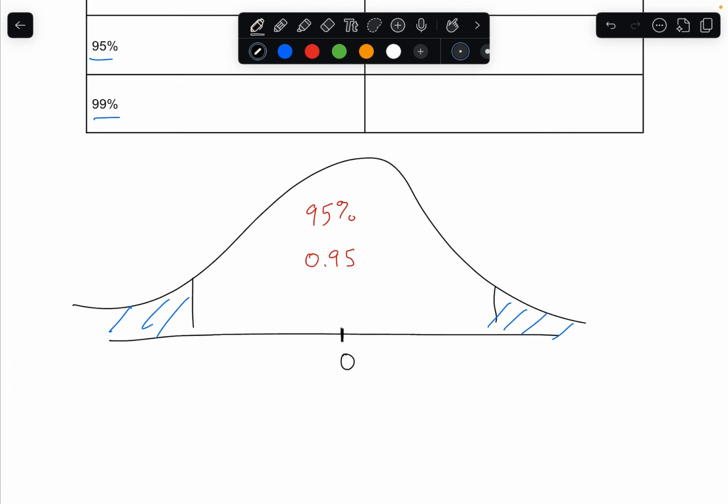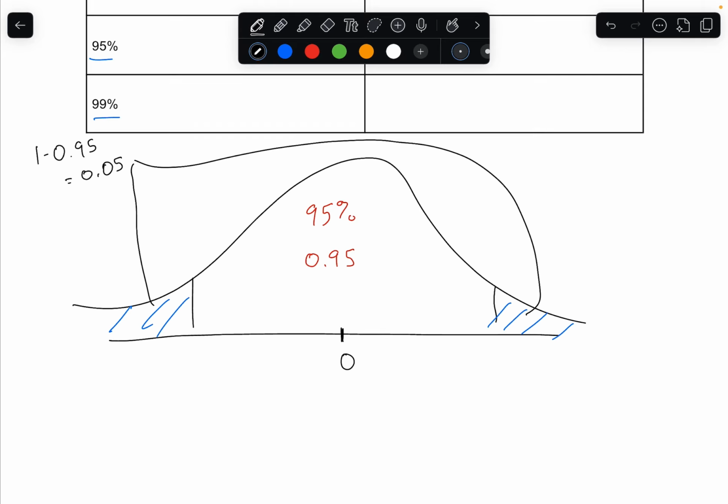Once again, I can find the area in the left and right tails together if I take 1 minus 0.95 to end up with 0.05. And if I want to talk about the area in one tail specifically, let's just use the left one because it's easier. That would be 0.05 divided by 2 to get 0.025. So I'm going to be looking for 0.025 within the area of my table.